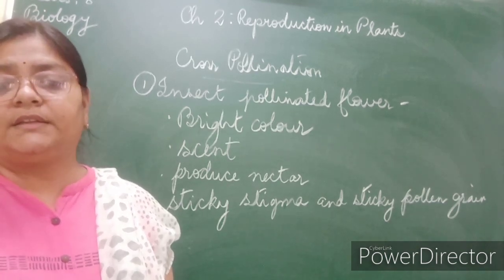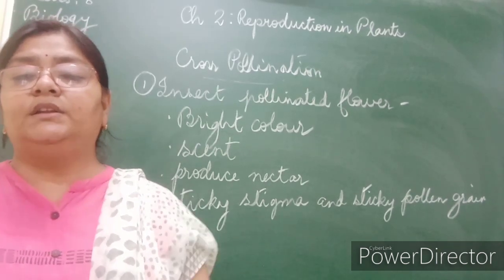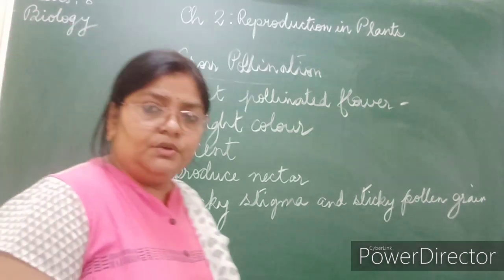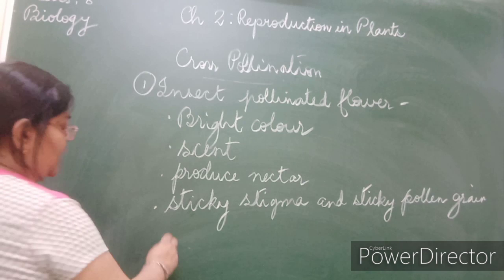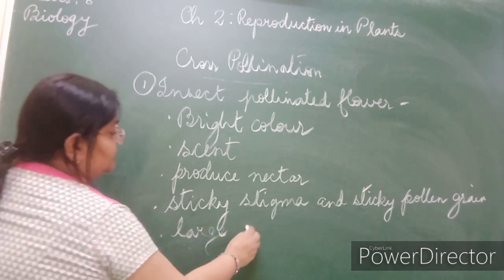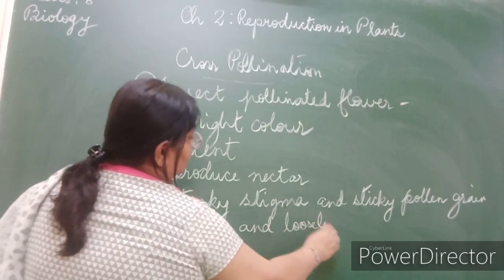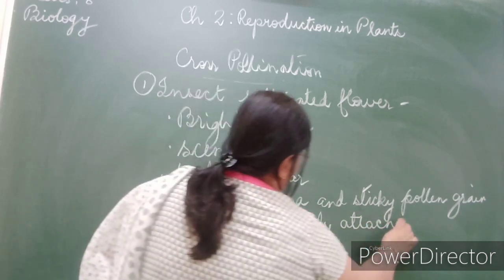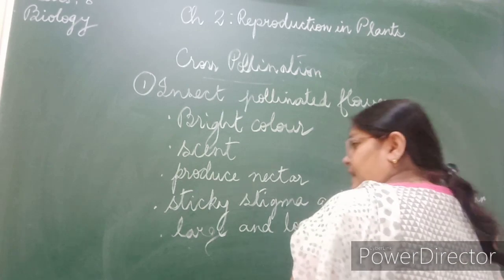Okay, now they also have very large and loosely attached anthers. So the anthers produce pollen grains. So the anthers are large and loosely attached. So how does this help? That is, the anther has the pollen grains in it.